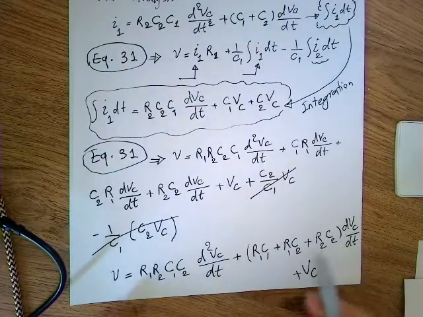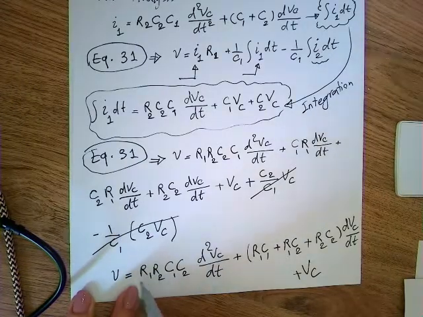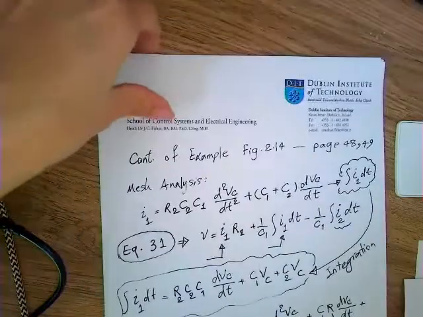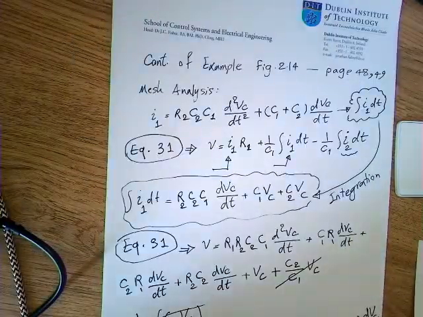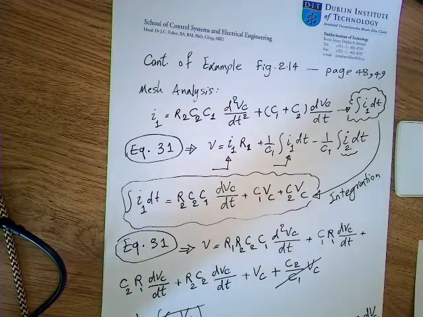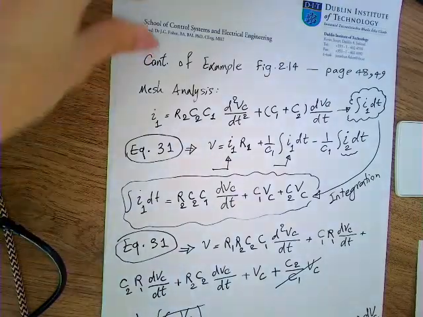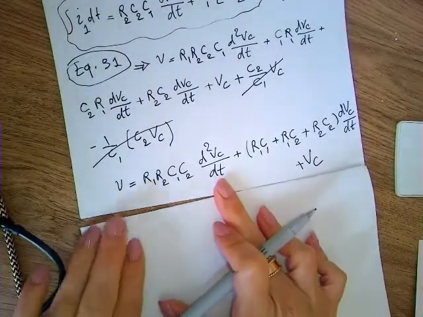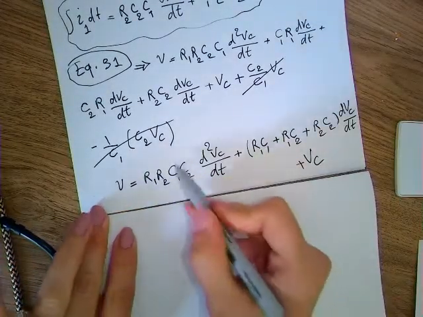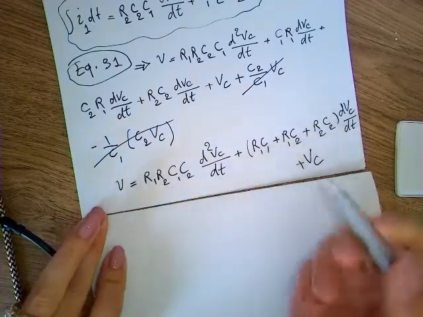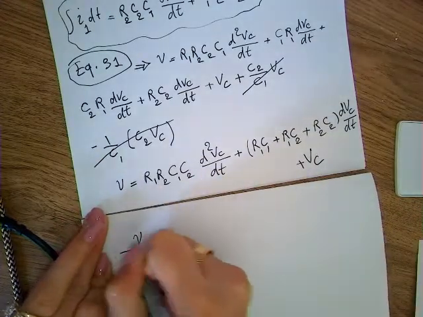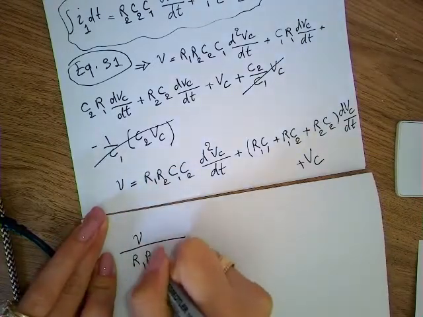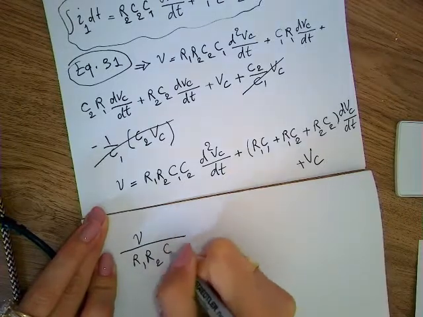Now I want to remove the constant that is being multiplied in my second derivative. For removing that, I'm going to multiply both sides in this one to cancel these from my second derivative. So on the left side, I will have R1, V over R1, R2, C1, C2.